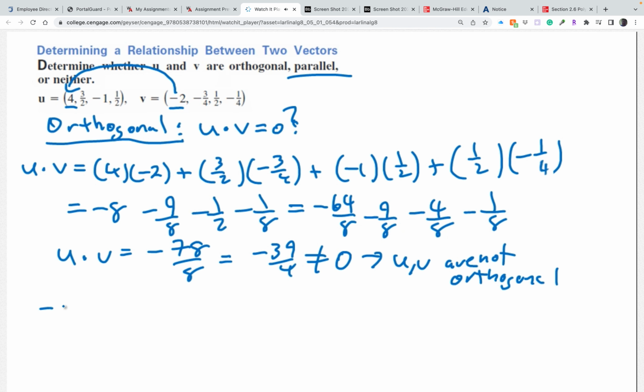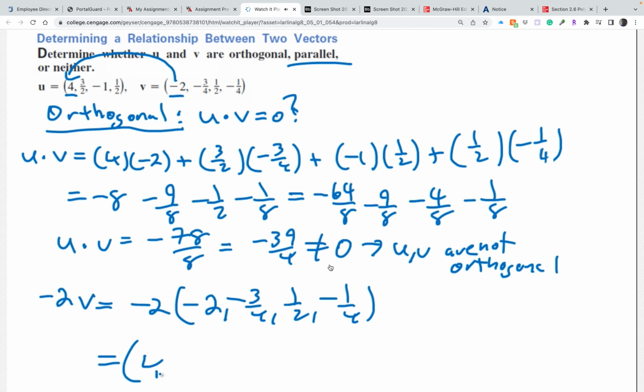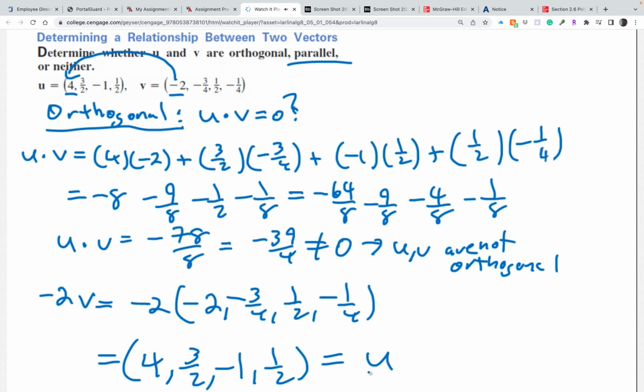So if we take negative 2 times v, we're going to get negative 2 times this vector with components negative 2, negative 3/4, 1/2, negative 1/4. And this will give us a vector with components 4, 3/2, negative 1, 1/2. And we can see that that's the same as u.